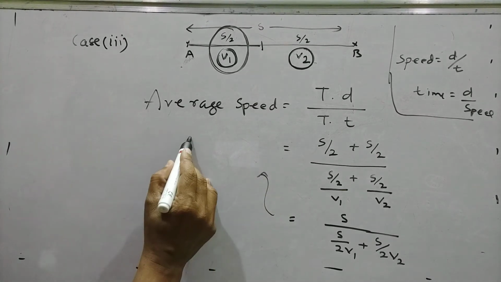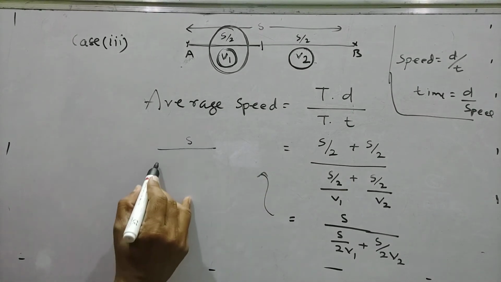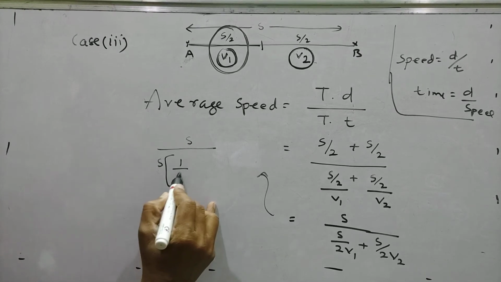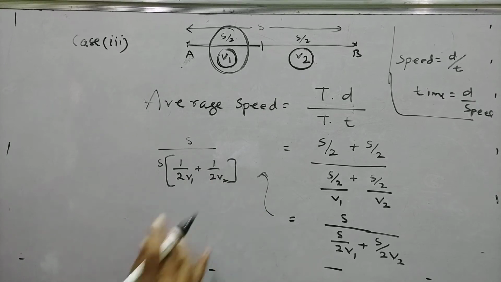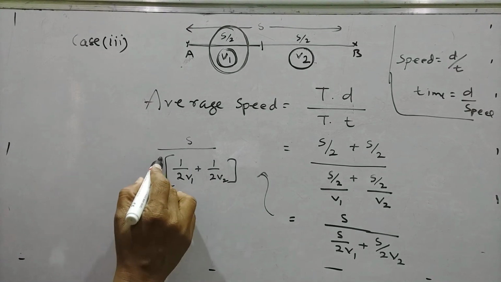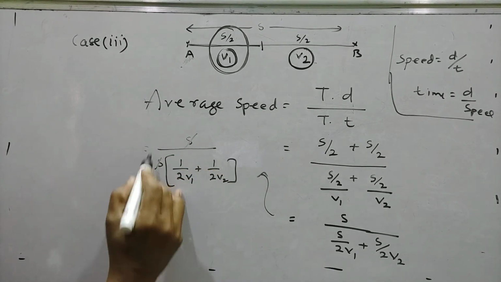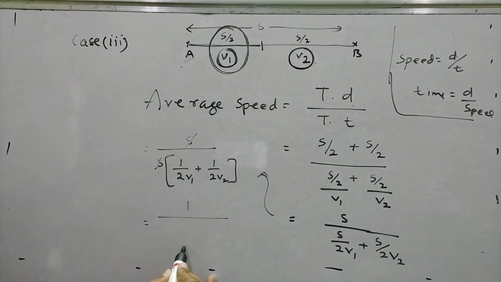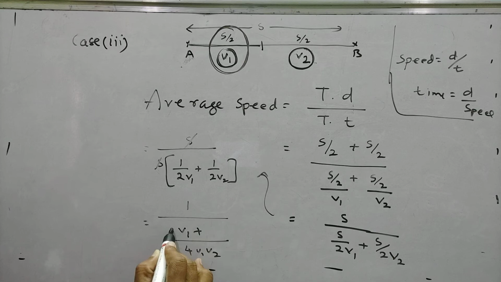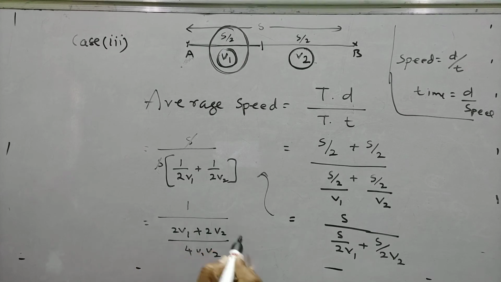Now, take S common: 1 by 2V1 plus 1 by 2V2. S cancels, so here you will get 4V1V2 by 2V1 plus 2V2.